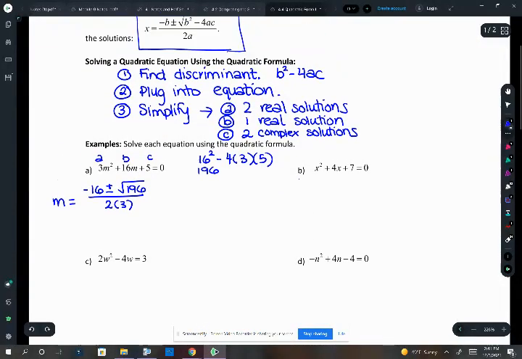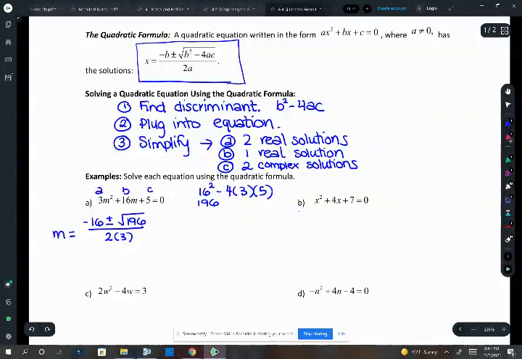I'm looking at the equation up here and plugging in the opposite of b, then the value under the root, which is our discriminant that we just solved for, and then our a value. Then we're going to simplify.